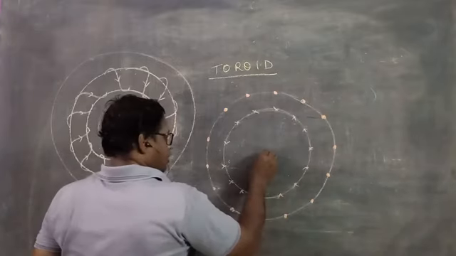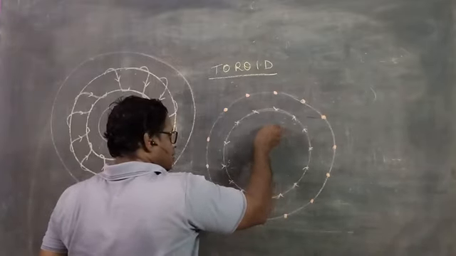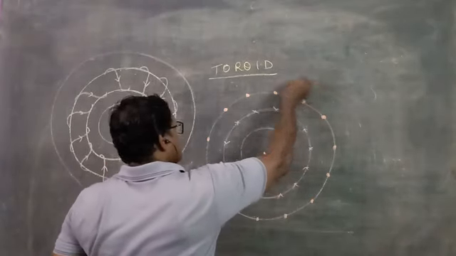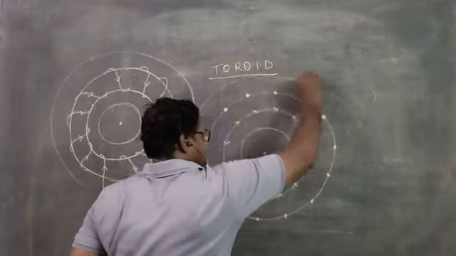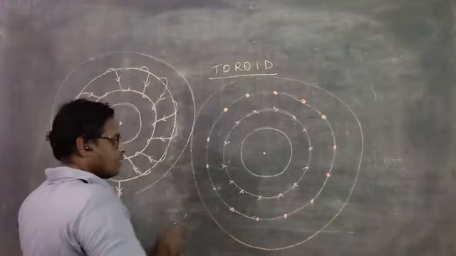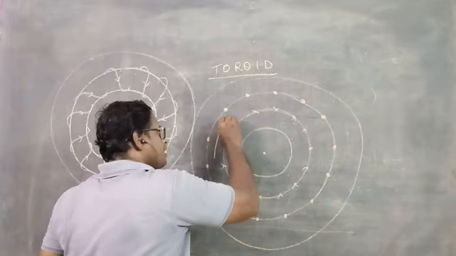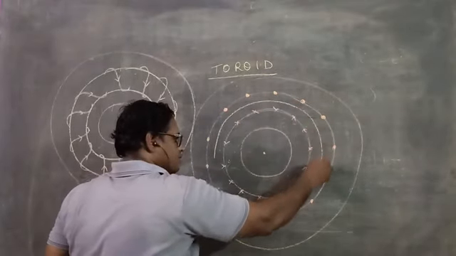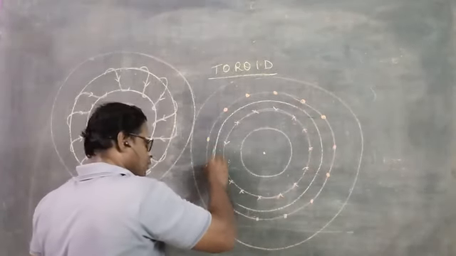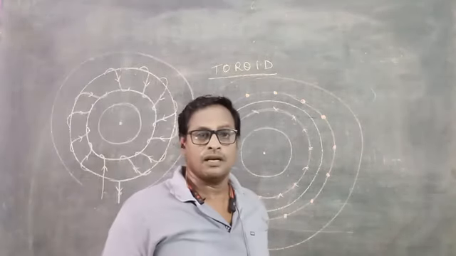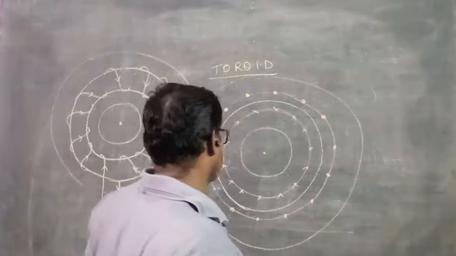Let us consider 3 points. This is the center, and consider one point inside the toroid and another point outside the toroid. And one more point is in between, in the middle of the toroid. These 3 points we are going to use to find the magnetic induction.